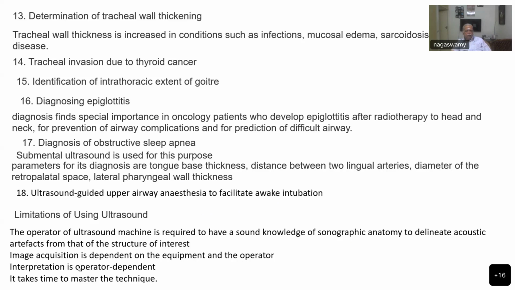And interpretation is operator dependent. What I see as a hyoid bone, somebody else may see as a part of thyroid cartilage. It takes time to master the technique. So these are the limitations. With that, I think we stop.